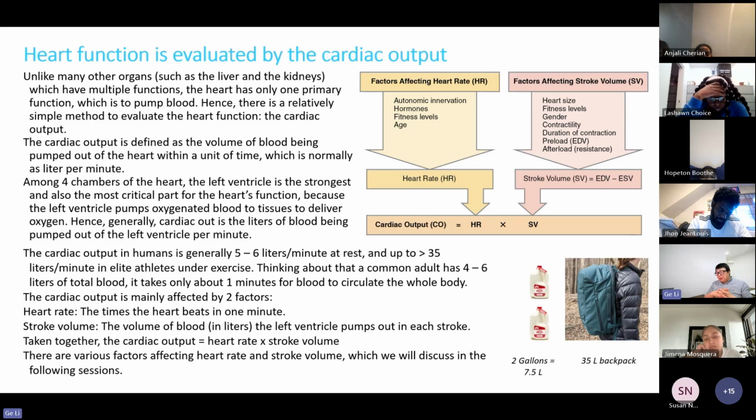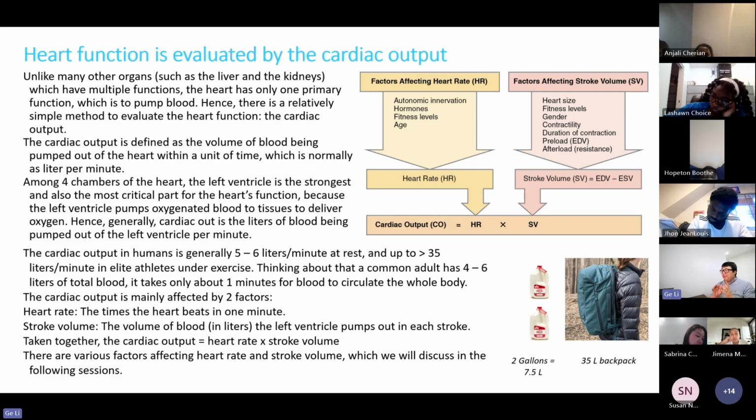In general, for people like me, rather healthy but lacking exercise, we can probably pump out 2 to 6 liters of blood in 1 minute out of the left ventricle. That's a little bit less than 2 gallons of milk.